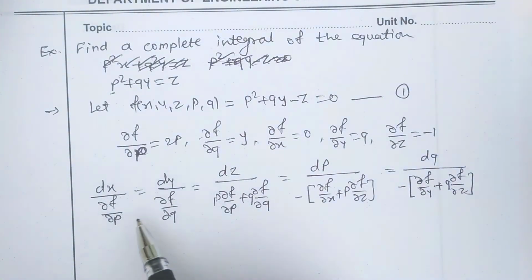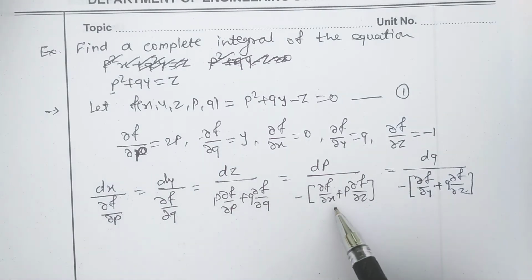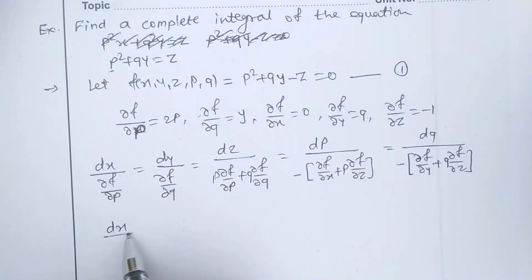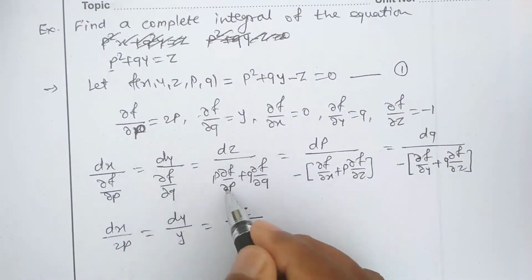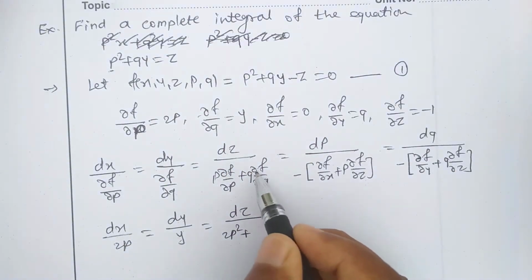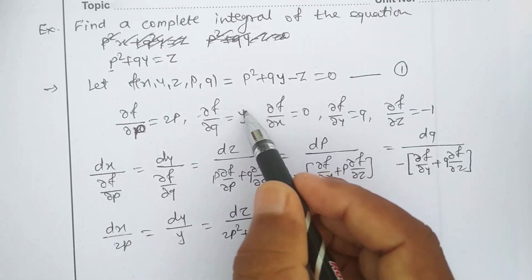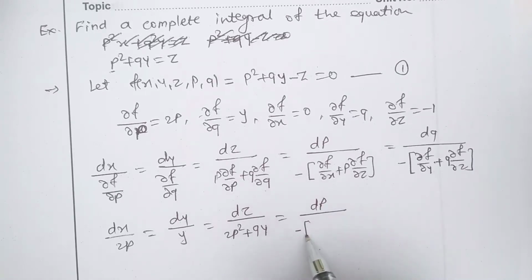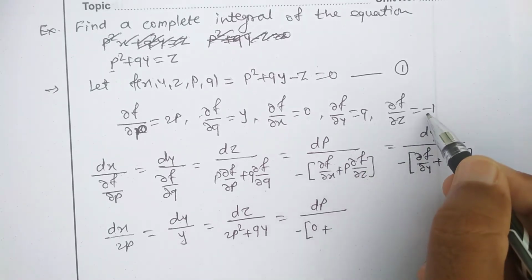Put the values of del f by del p, del f by del q, del f by del x, del f by del y and del f by del z. That means all these partial derivatives. So we will get dx upon del f by del p, it is 2p. dy upon del f by del q, it is y. dz upon p into del f by del p, that means we have to multiply this term by p, so you will get 2p square plus q into del f by del q, so q into y, equals dp upon minus bracket del f by del x is 0 plus p into del f by del z is minus 1.